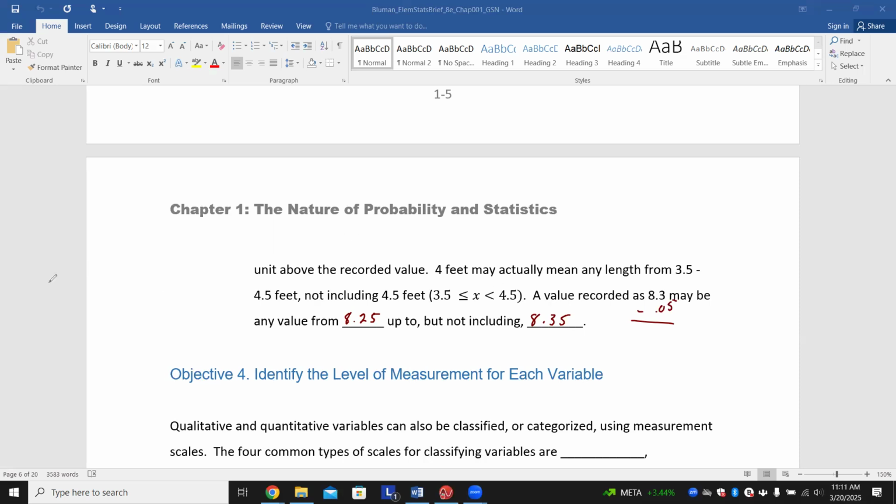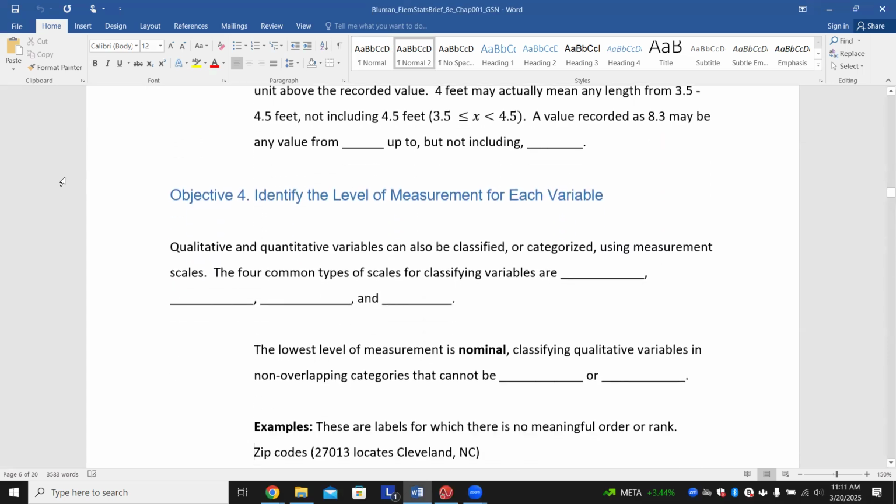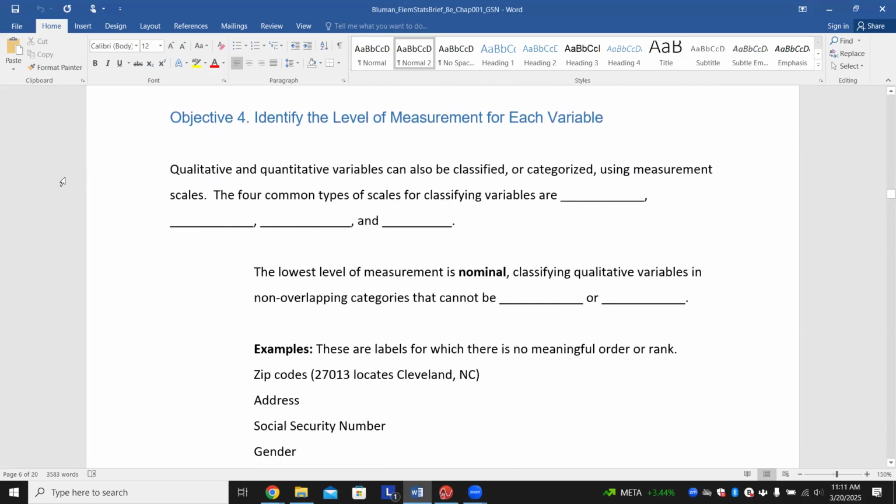All righty. So let's get into objective 4, which is identifying the level of measurement for each variable. Qualitative and quantitative variables can also be classified or categorized using measurement scales.